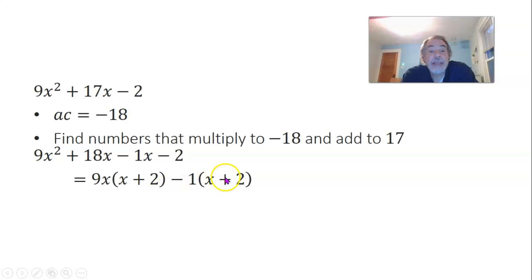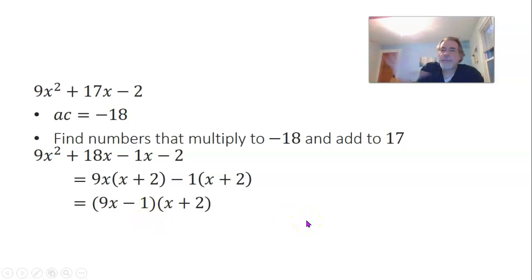And now this and this have a common factor of x plus 2, so we can factor that out, and the other factor has the 9x minus the 1. So same thing we got when we did it by trial and error, by figuring out what had to go where to FOIL up to this. 9x minus 1 times x plus 2.